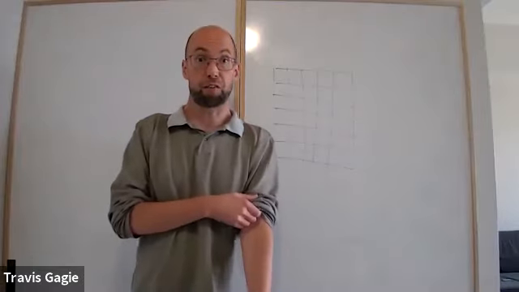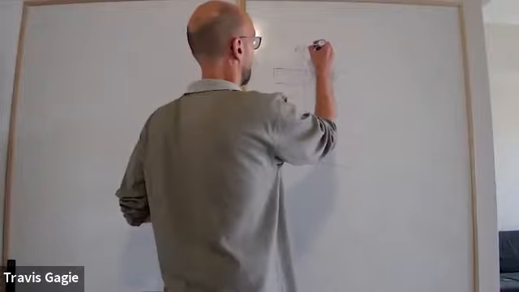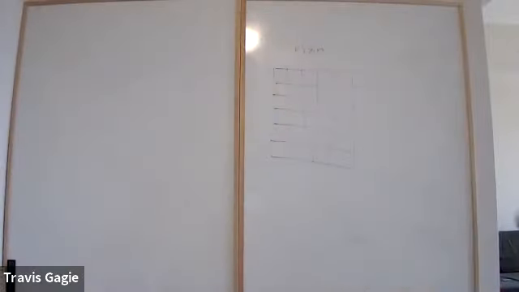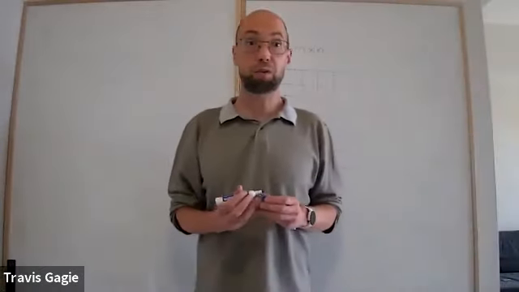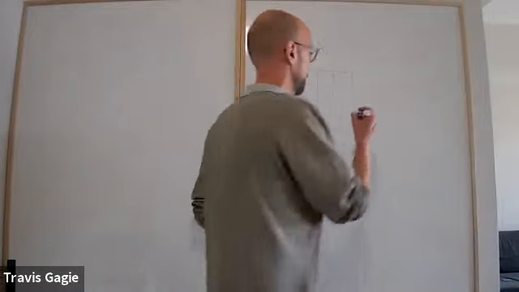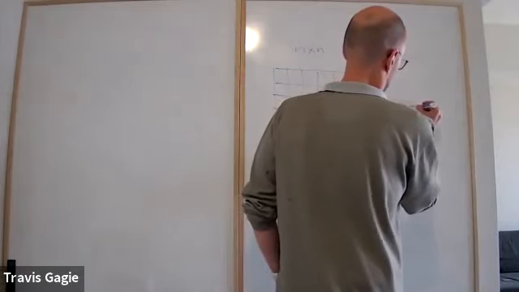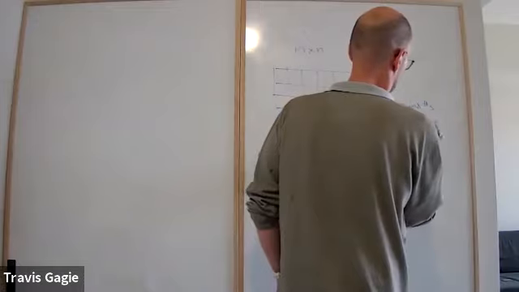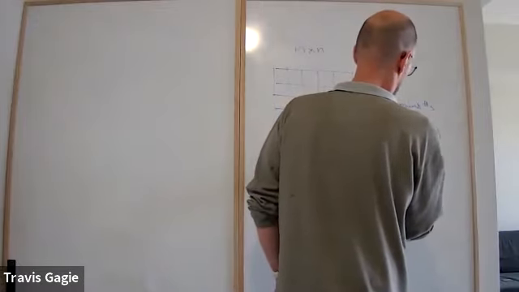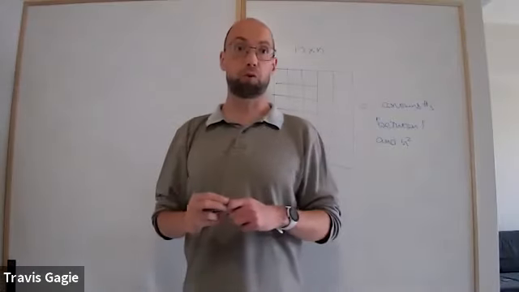Every cell in the matrix contains, so it's n by n. I tell you that every cell contains a number between 1 and n squared. And every row is sorted and every column is sorted.